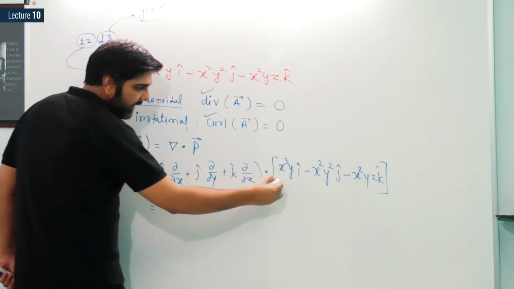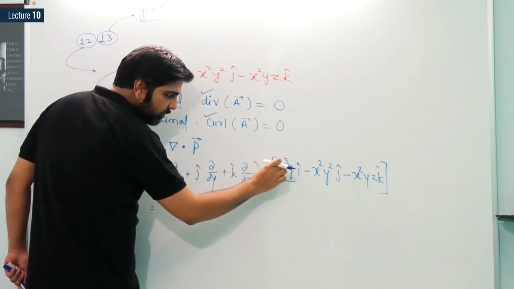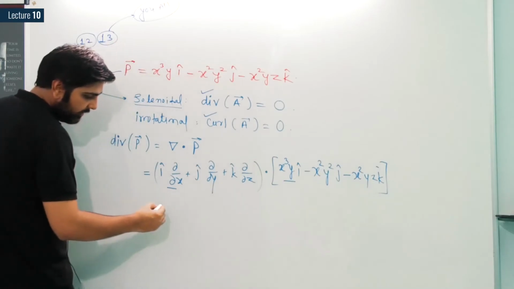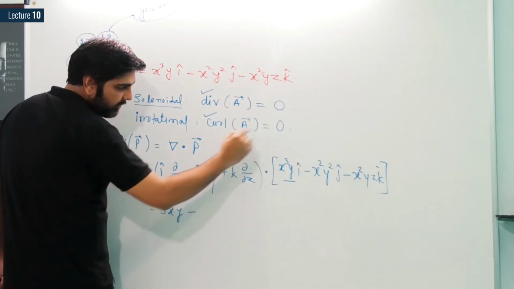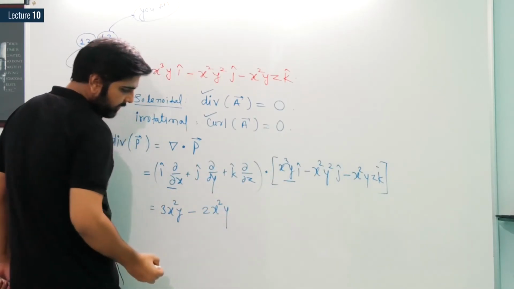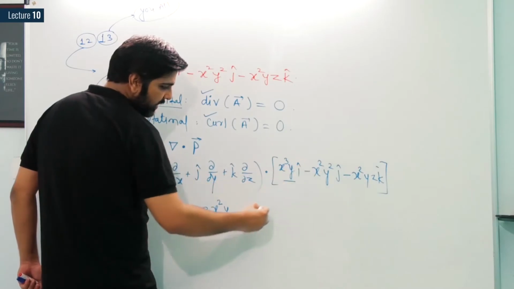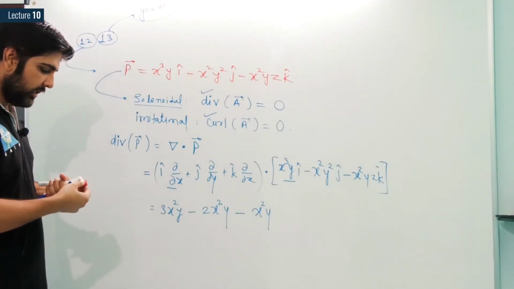So I am having 3x square y, minus with respect to y, I am having 2x square y, minus with respect to z, I am having x square y. So dear students, here you can see what?